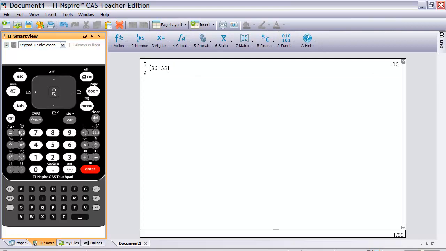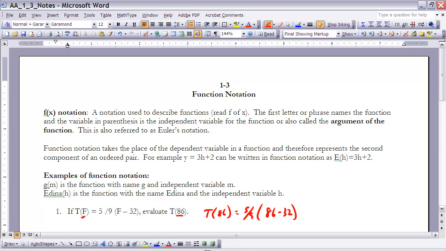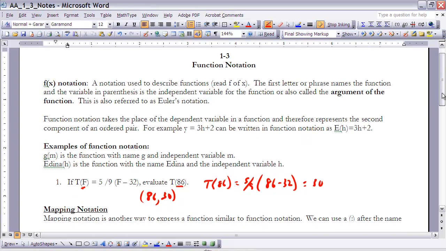So back over here, the answer would be 30. So when f is 86, t of f is 30. You can think of that as being an ordered pair, 86, 30.